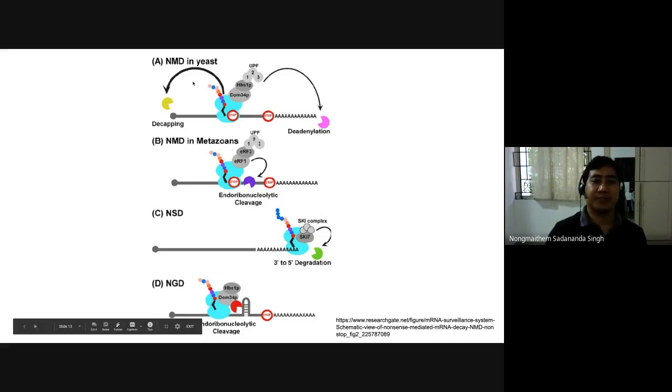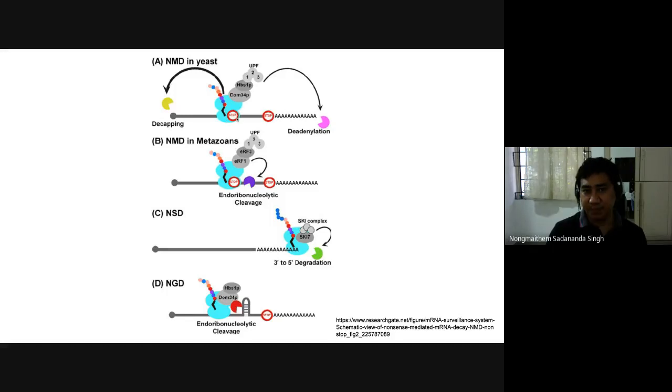Okay, the difference between these three is that in the case of nonsense mediated decay, there is an extra stop codon in the middle of the mRNA, ahead of the natural stop codon coding for the protein. In the case of no-stop decay, what is happening here is that the mRNA which is being translated doesn't have any stop codon.